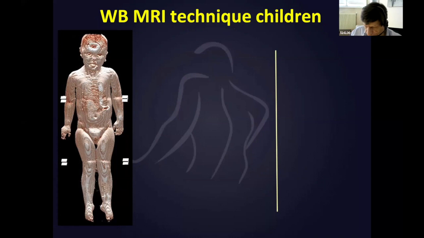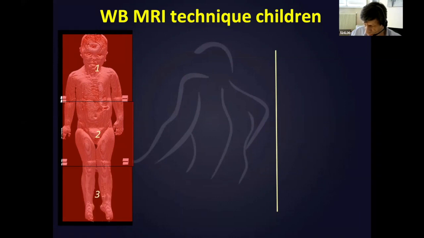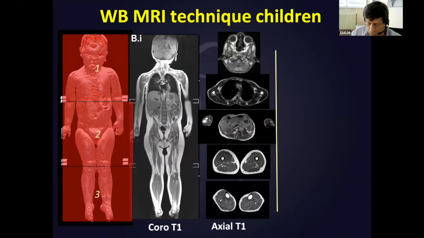The number of stacks is limited in children, but the resolution has to be increased and the acquisition time for each stack is longer. It is very important, and you have to be able to detect subtle changes in muscle and skin structure, and if you don't have a good resolution, you can miss a lot of things.